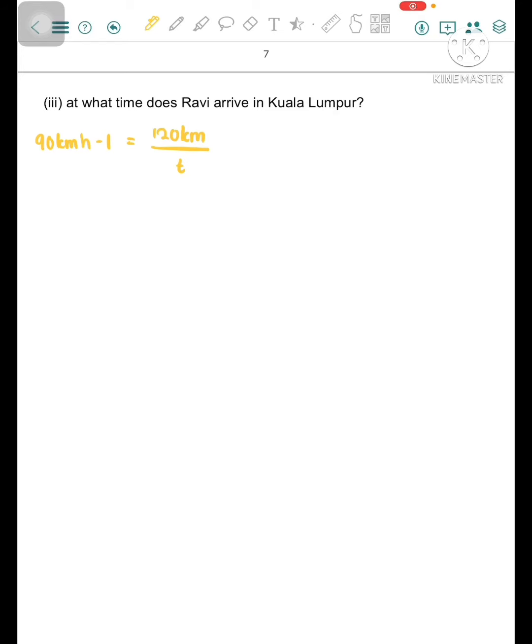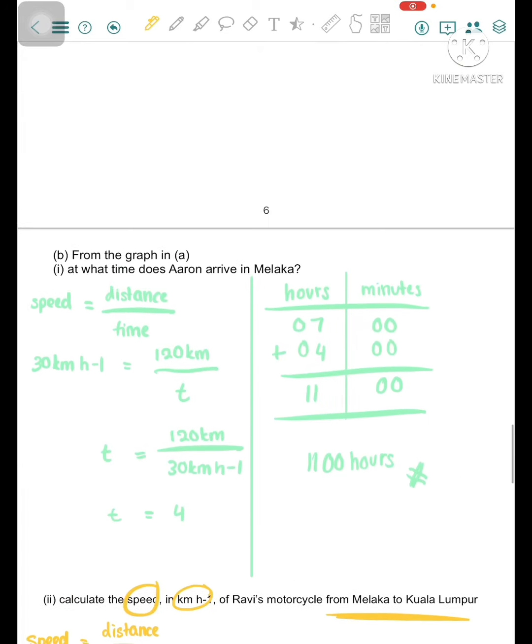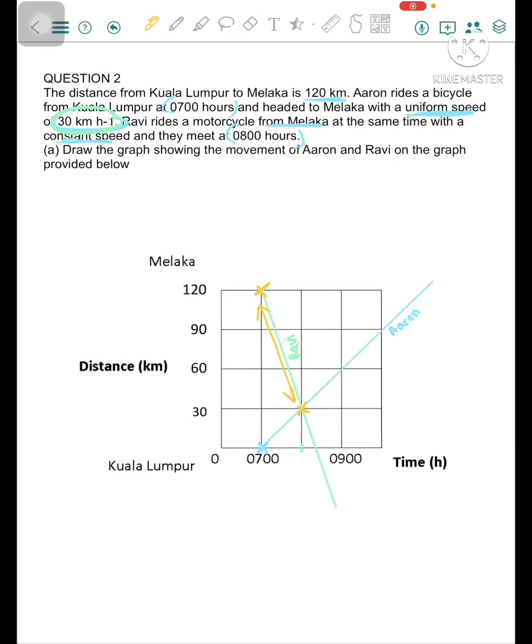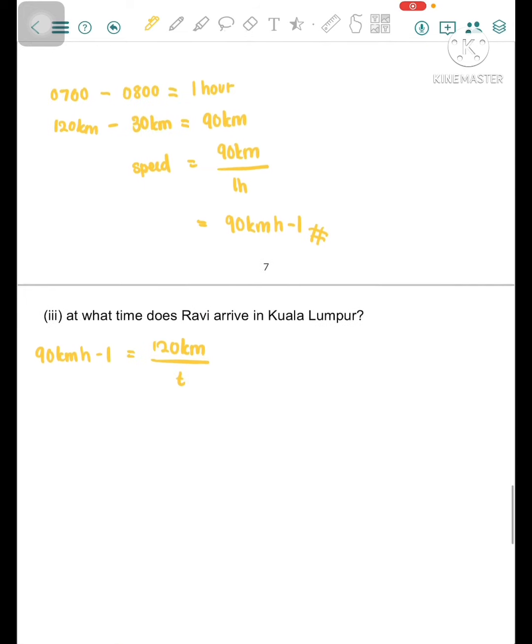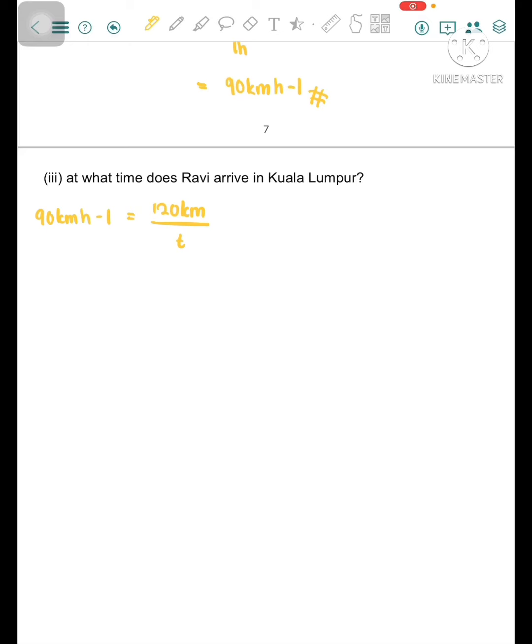Another reason why we're also using this method is because it is stated that Ravi's speed is constant. It is a constant speed from Melaka to Kuala Lumpur. Okay, so to find the time, as before, 120 km has to be divided by 90 km h negative 1. T is equals to 4 over 3 h.